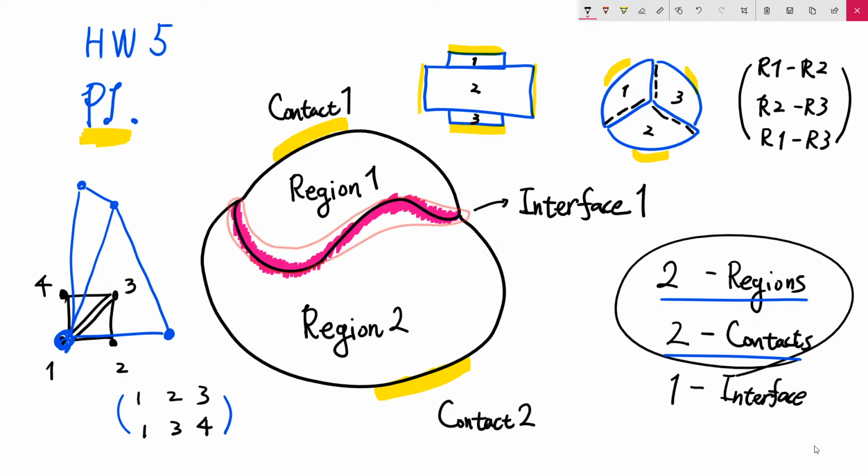And if we try to find 2 and 3, then we will find something. However, when we try to find the interface between region 1 and 3, eventually we will fail. You understand? Failing means that region 1 and region 3 have no common interface, so they are really disjoint. They are not connected to each other. So are you all with me?